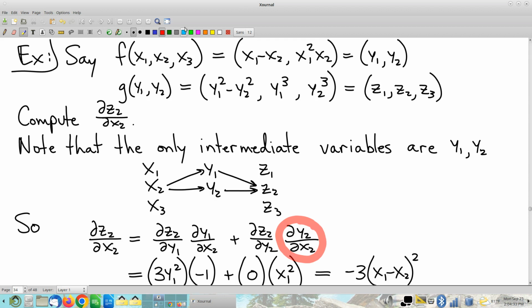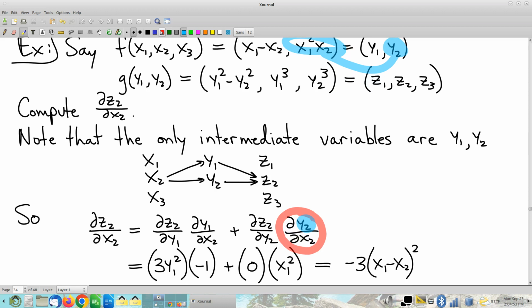Well, y2, it's that function right there. The partial derivative of this thing with respect to x2 is just x1 squared, as you see we computed here. Everybody good?